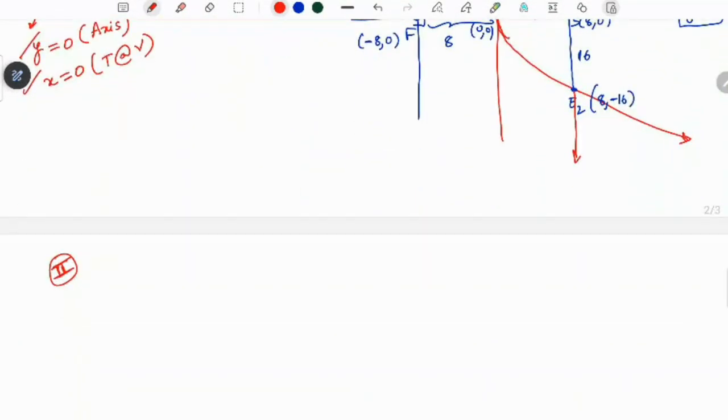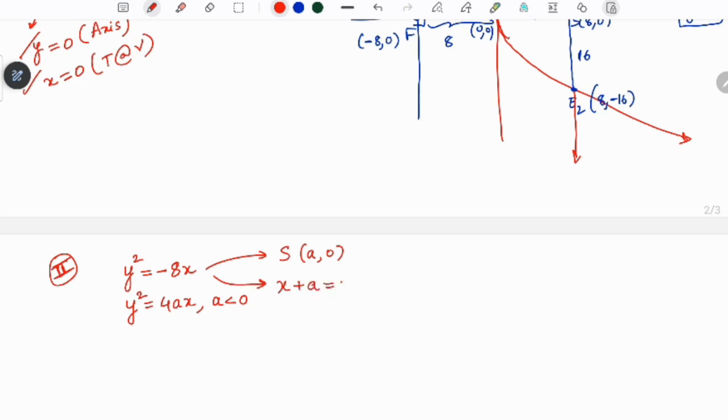Now let's talk about y square is equal to minus 16 minus 8x. See, I'm taking this for the first time: y square is equal to 4ax, where the value of a is negative. For this, the focus is still a comma 0, and the directrix is x plus a is equal to 0.